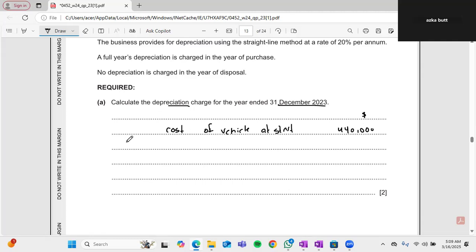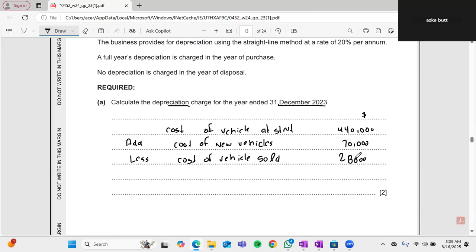Okay, and we have to add the cost of the new vehicles, which is 70,000. Now we are going to deduct the vehicle which we already sold, and that is 28,000.